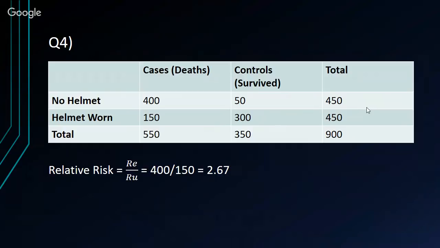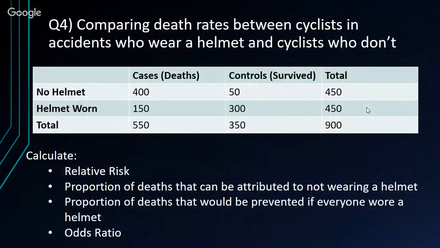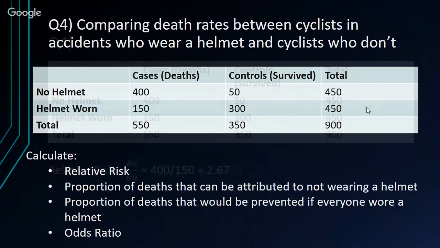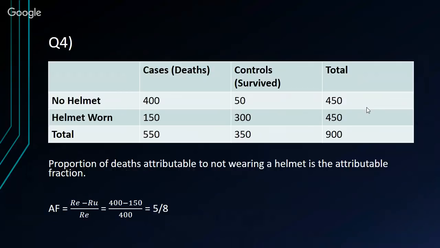All right, the next question was the proportion of deaths that can be attributed to not wearing a helmet in this study. Karen G. I really can't hear you, but I'm going to assume you're right again.